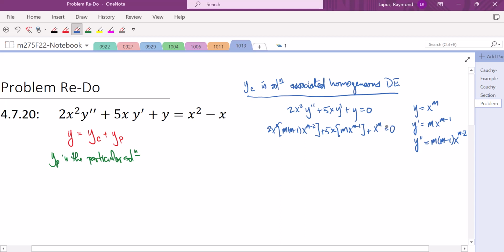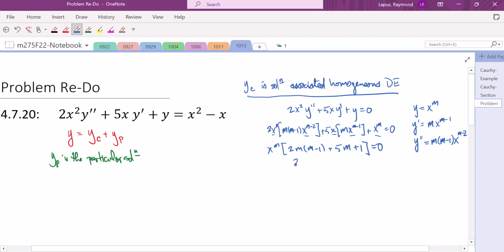We will notice, of course, that each of the terms will have an x to the m that we can eventually factor out, and that would leave us with 2m times m minus 1 plus 5m plus 1 equal to 0.